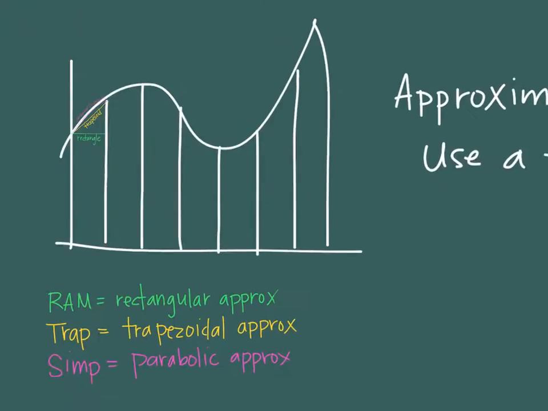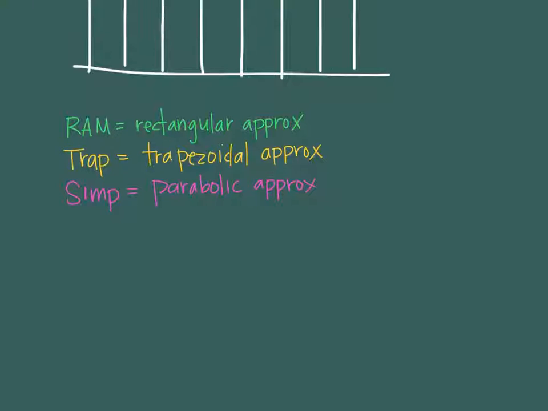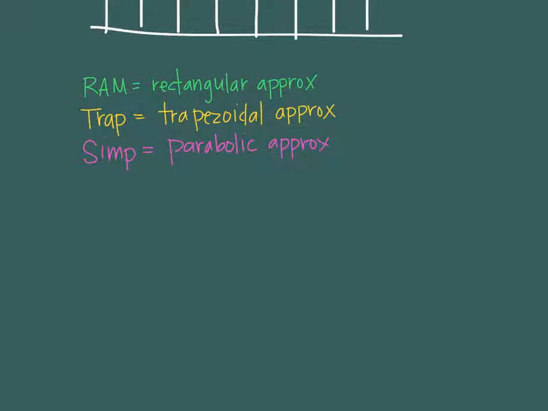So what I'm going to do with you is practice a RAM and a trap for the same problem. We're going to do the same question 4 times: LRAM, RRAM, MRAM, and trap. And we're going to see how our accuracy improves each time.